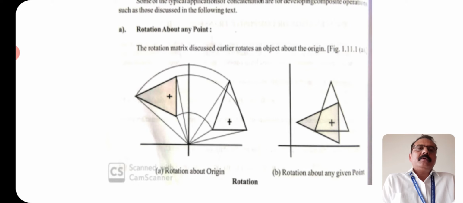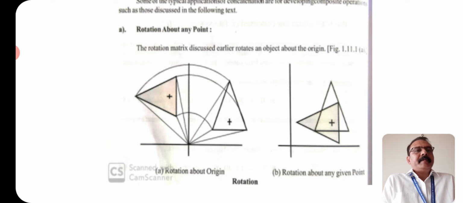Figure A shows the rotation of a triangle about the origin. The plus sign indicates the point of rotation. Rotation about the origin is achieved directly. If we want to rotate any image or object about the origin, we can directly rotate it, and the result is shown in figure A.